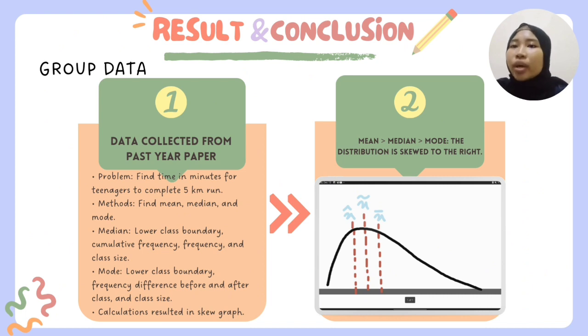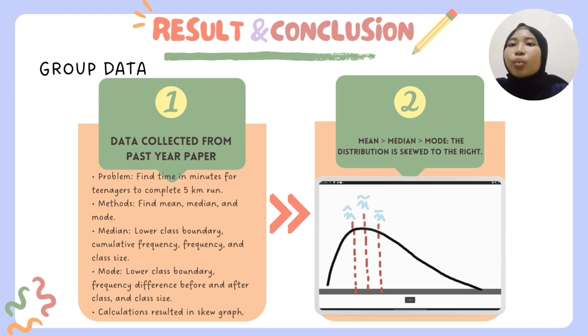But it is quite different from the previous one, which is ungrouped data. For this grouped data, the formula is quite different. We have to find other data in order to complete the calculation. For the mean, it's quite the same; we find the mean like usual.